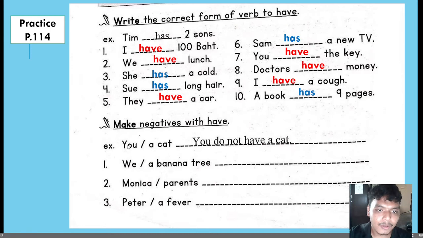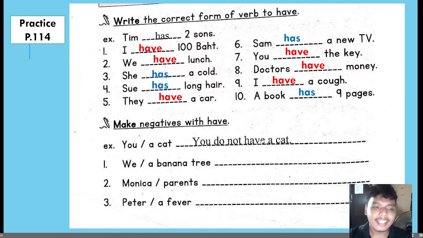For example, you have a cat. In the negative way, we say do not. Okay. Look at it. You do not have a cat.